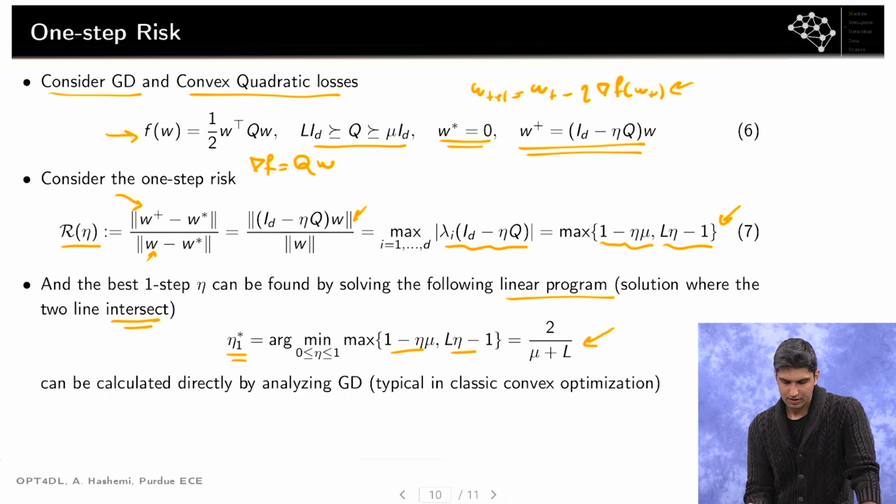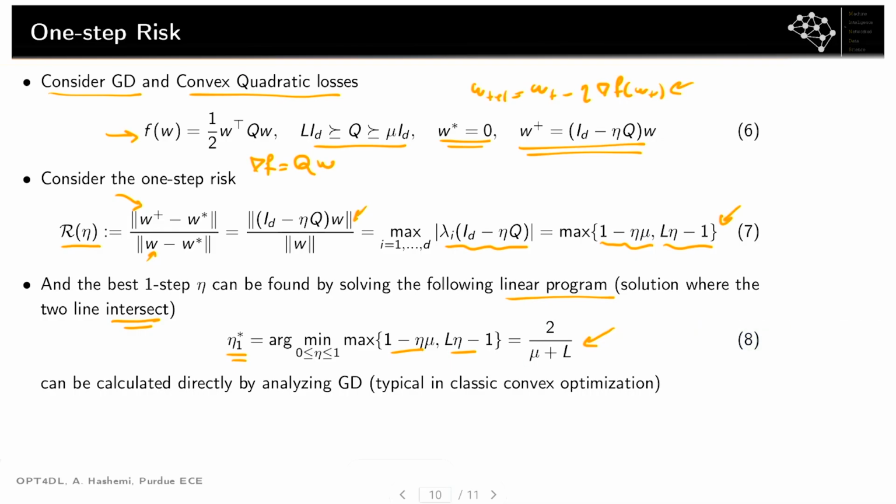If we do this, we find that the best constant step size that minimizes the one-step risk is given by 2 divided by mu plus L, such that when mu is exactly equal to L, this becomes 1 over L.